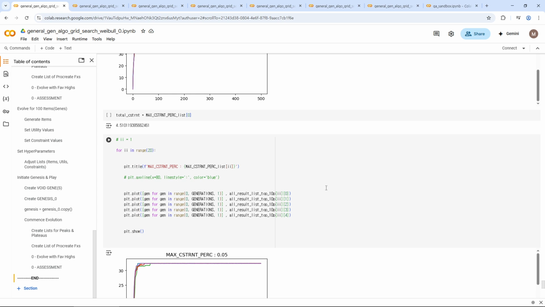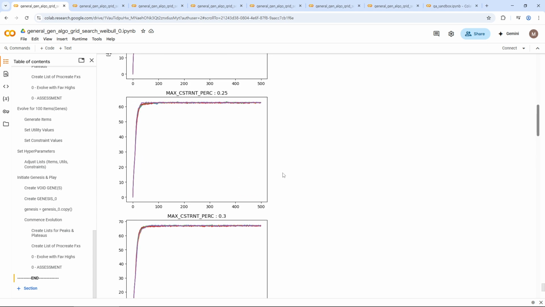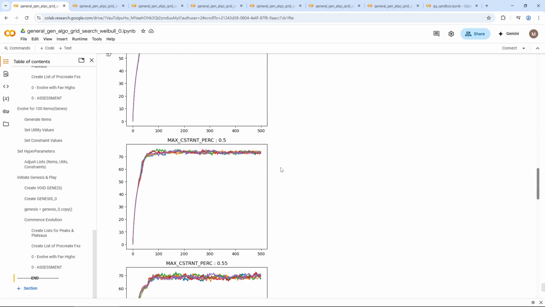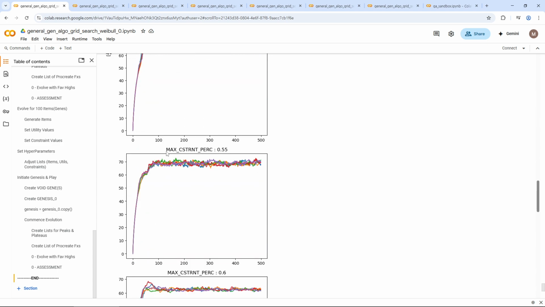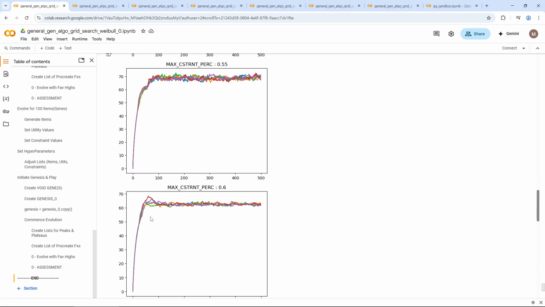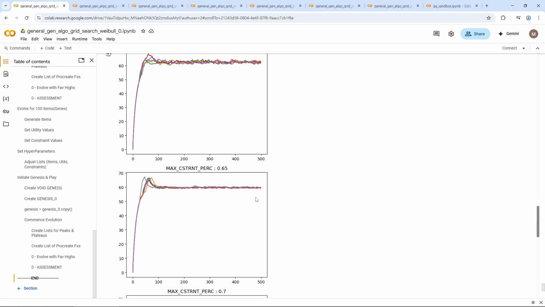So for the average of the top 10%, at 55% we do have some oscillations, and then at 60% some peaks and then plateaus at around 60 or slightly above 60. At 65%, some peaks below 70, maybe 66 or 67, but the plateaus are at around 60.